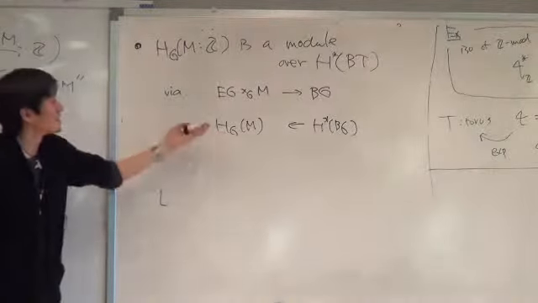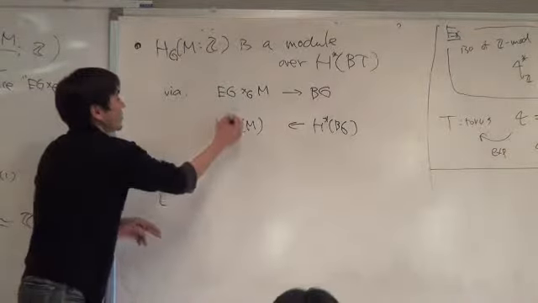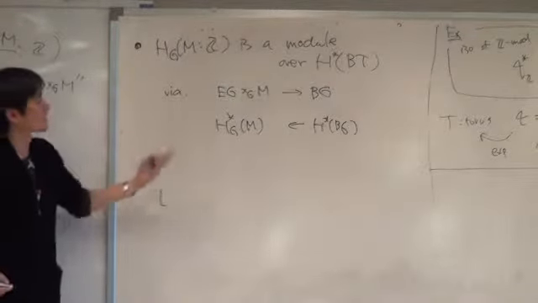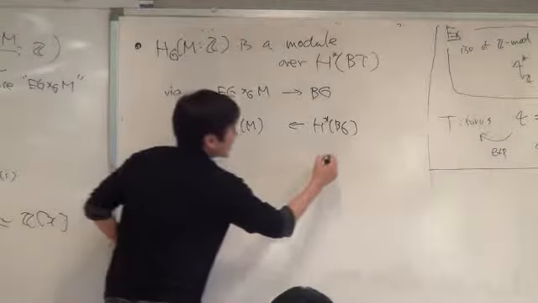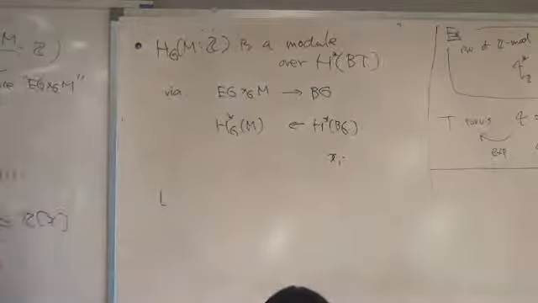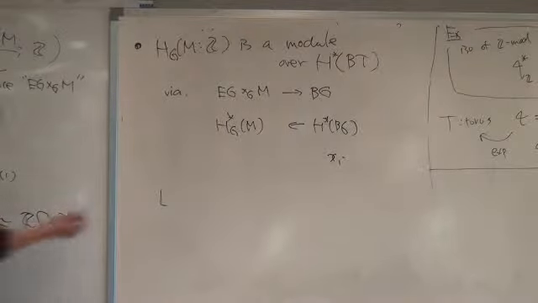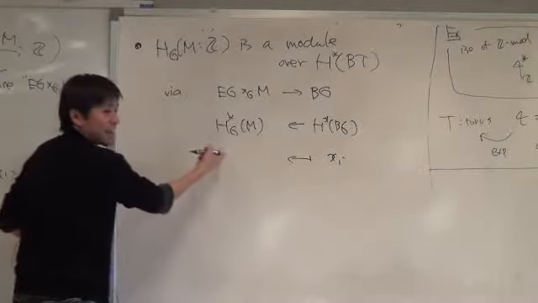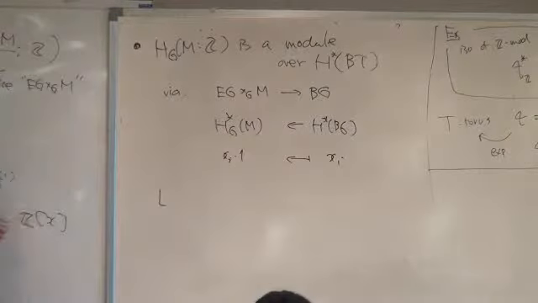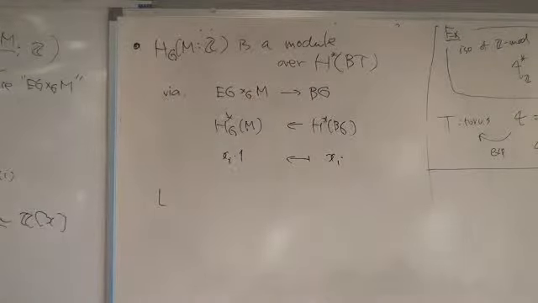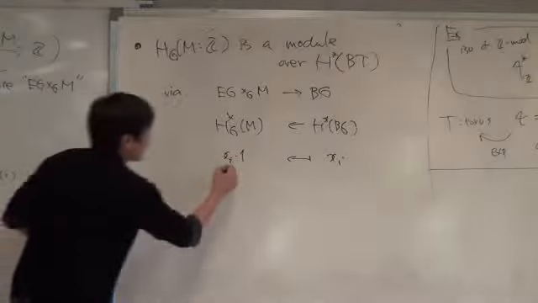Both of them are rings and this is a ring homomorphism, so you can also say this is an algebra over the polynomial ring. So there's this xi on the BG side, and that goes to xi here. Actually, xi multiplied by the identity element in the equivariant cohomology. What is this?